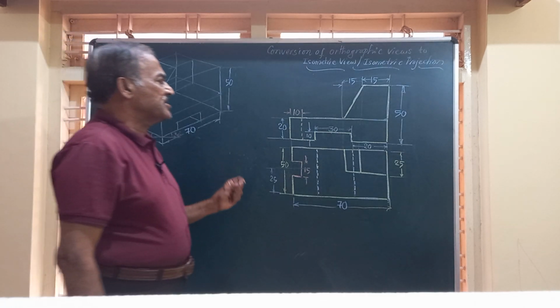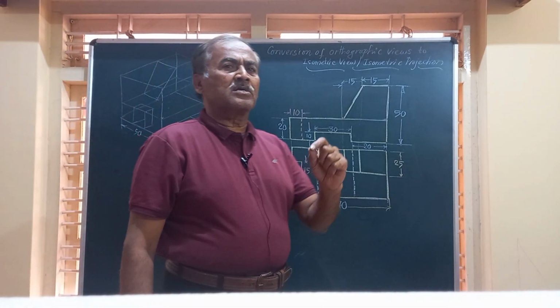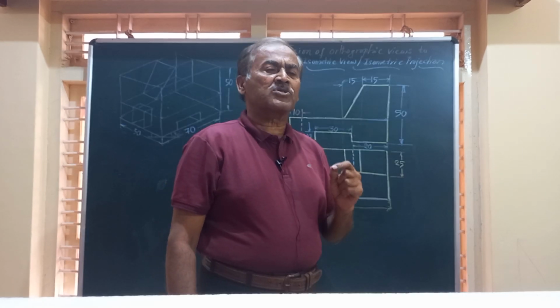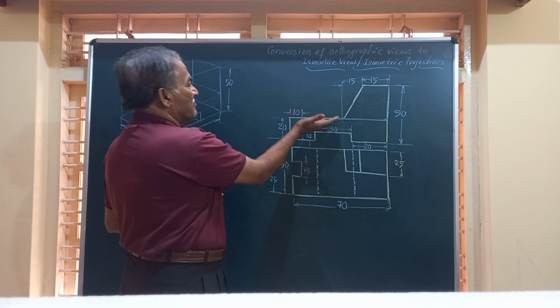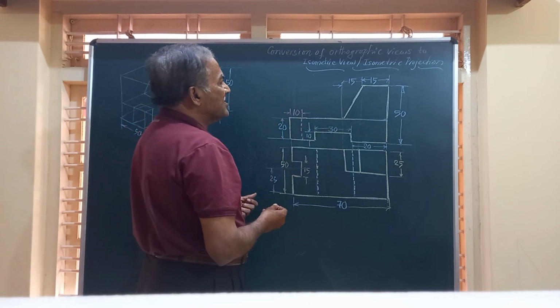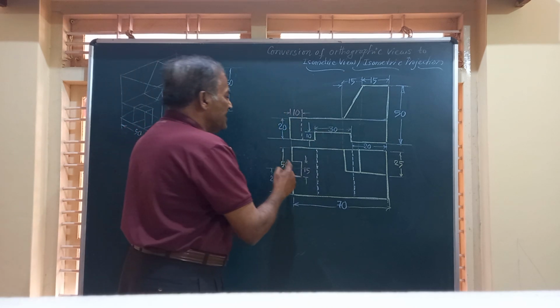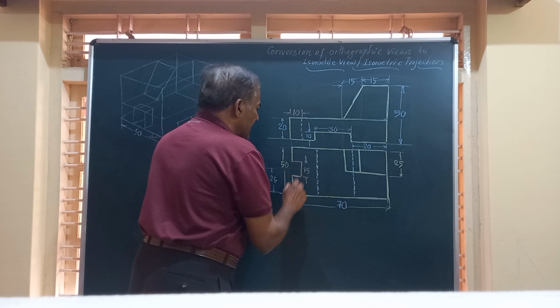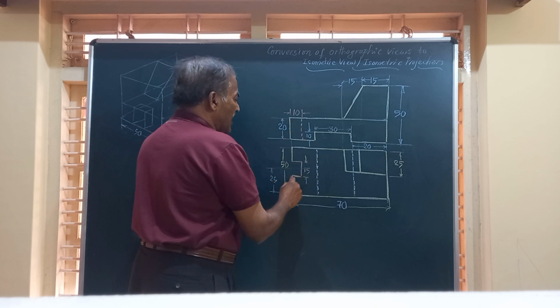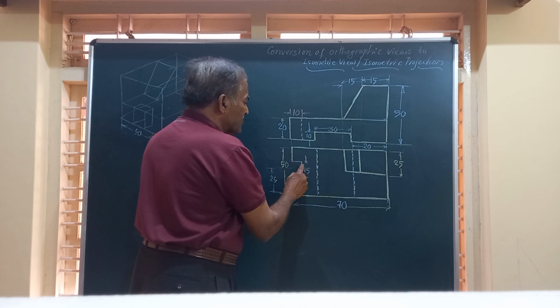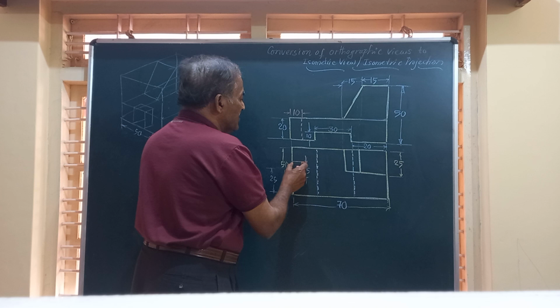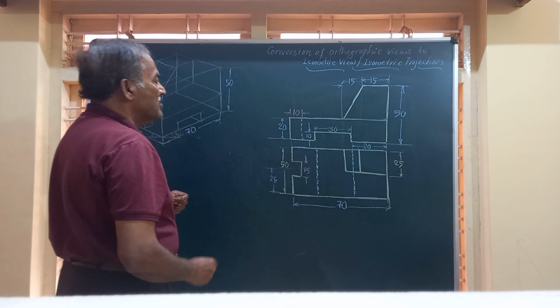Friends, let us see what the slots, cutouts or projections from the surface of this platform are. Here you can see that there is a rectangular cutout on this face, which is shown by a dotted line, and it has a length equal to 15 and width equal to 10.